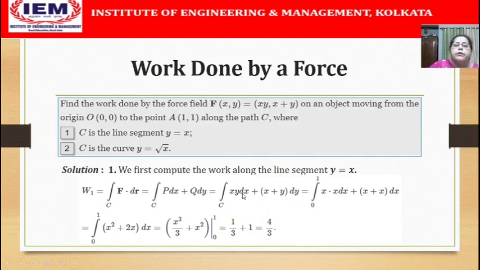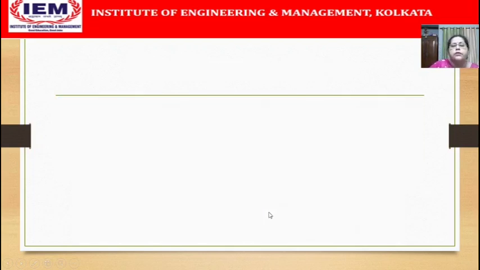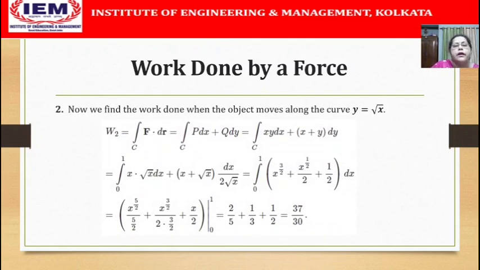Next, let us compute the work done along the second path, which is going to be y equal to root x. So once again, the formula for the work done is the same, integral of F dot dr, or P dx plus Q dy. But now y is replaced by root x. Here also we substitute root x.